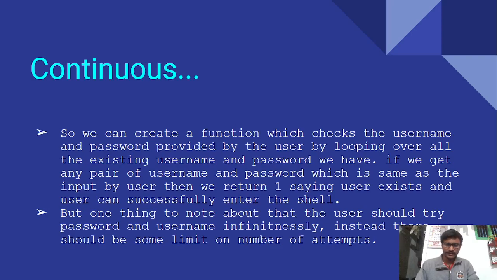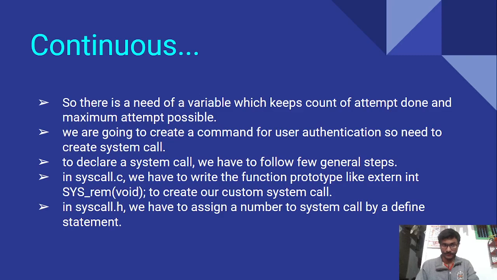But one thing to note is that the user should not try the password and username infinitely. Instead, there should be some limit on the number of attempts. So, there is a need of a variable which keeps count of attempts done and the maximum attempts possible.